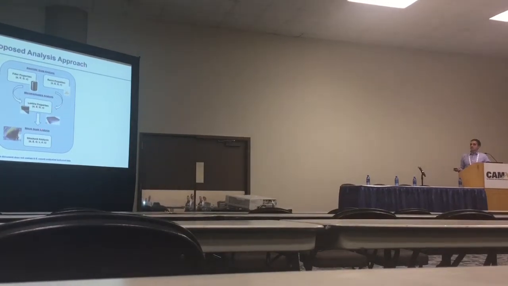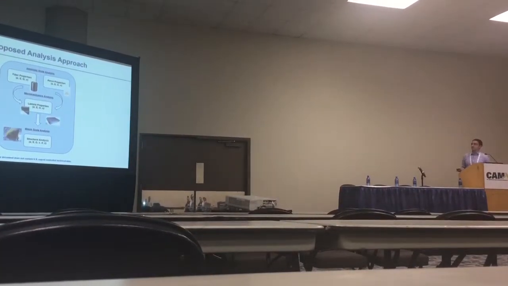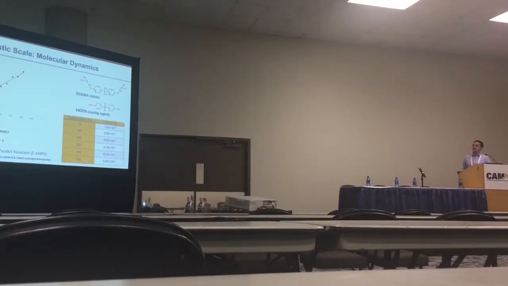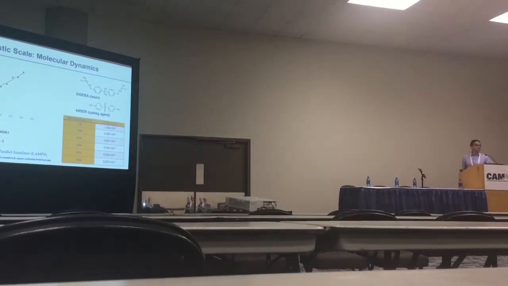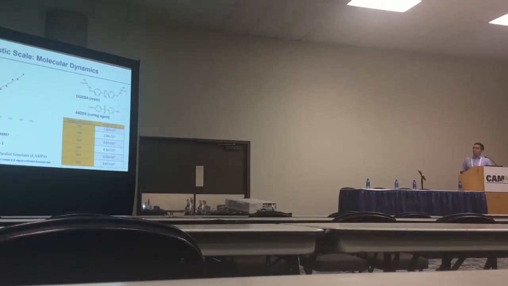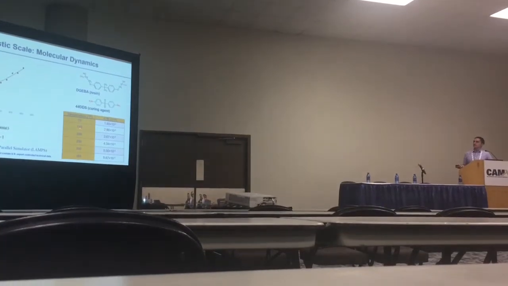And then finally, this feeds into the macro scale, through finite element analysis. The first scale, the atomistic scale, in my case, I use LAMMPS. A lot of you guys are probably familiar with that. It's an open source software code that allows you to do some analysis at that scale.